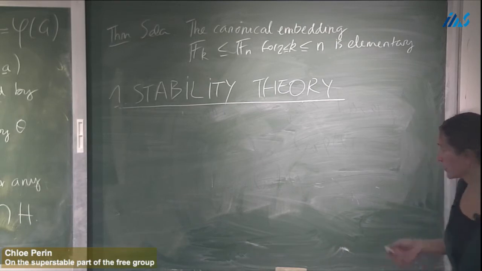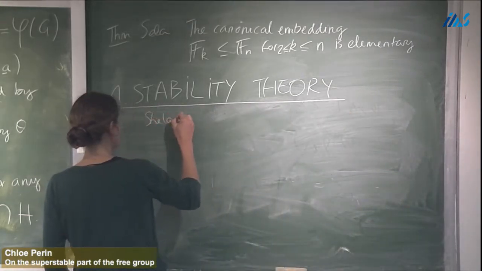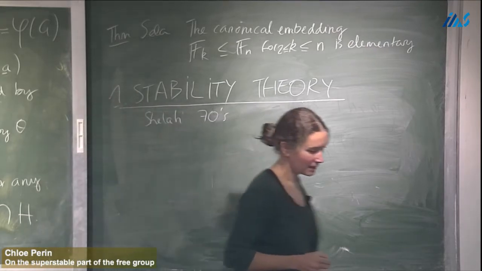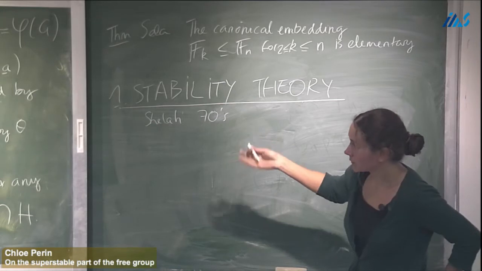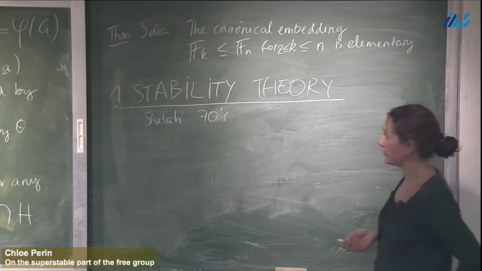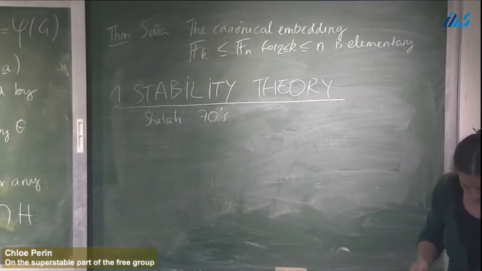Stability theory was developed by Shelah, essentially in the 70s. It really tries to find some conditions, and it's not only on groups, it's on more general structures, but it tries to give some conditions which will guarantee that the geometry will be good in some sense that we will see.